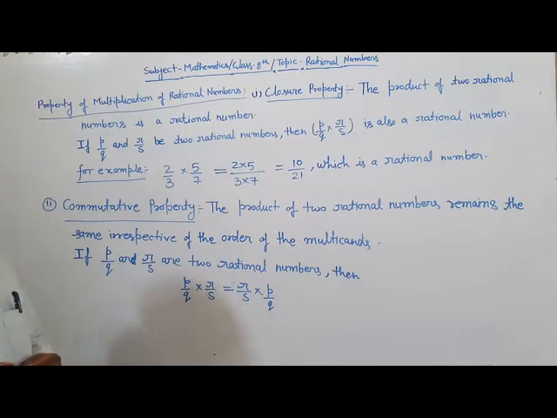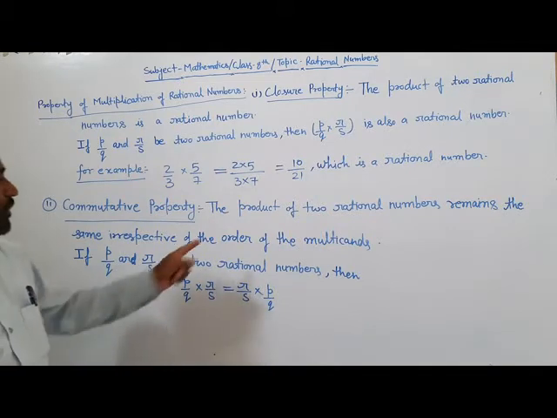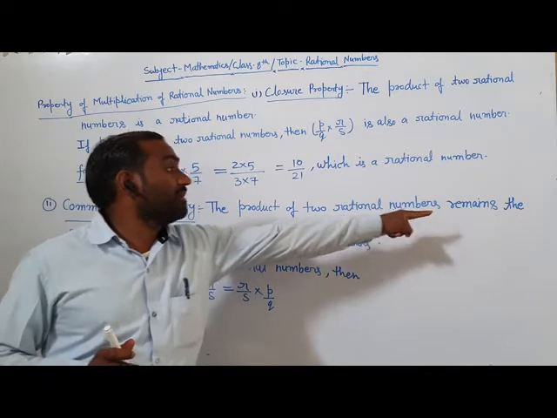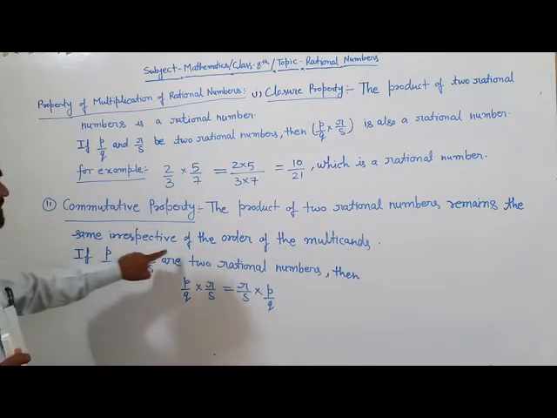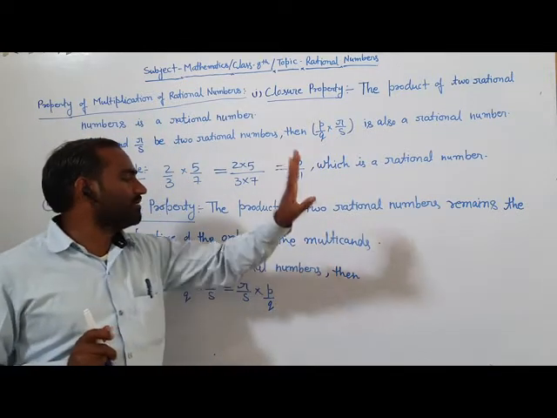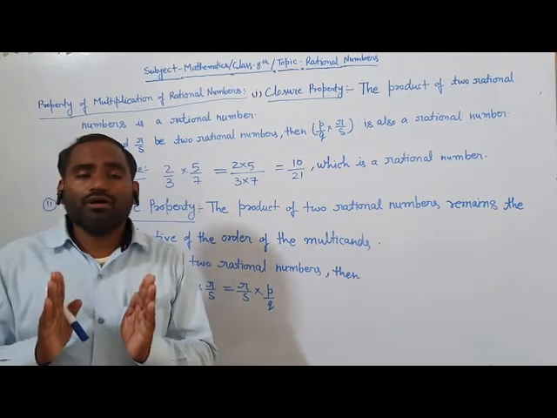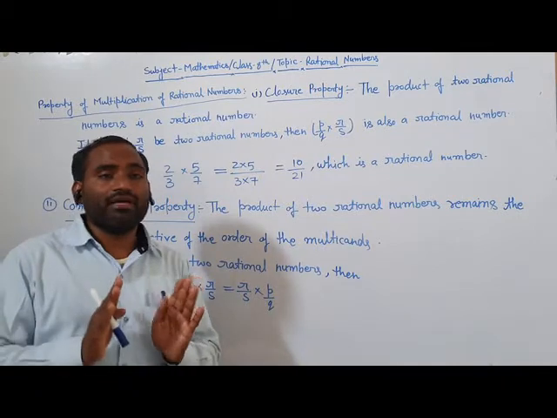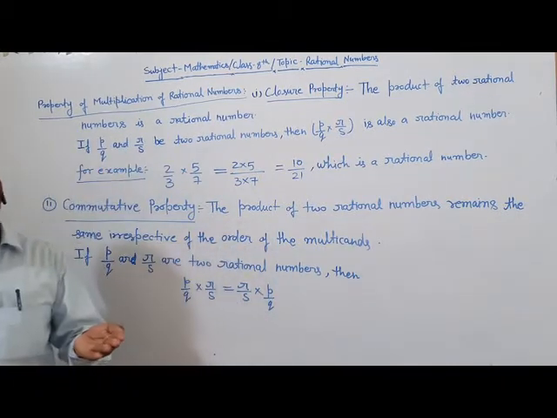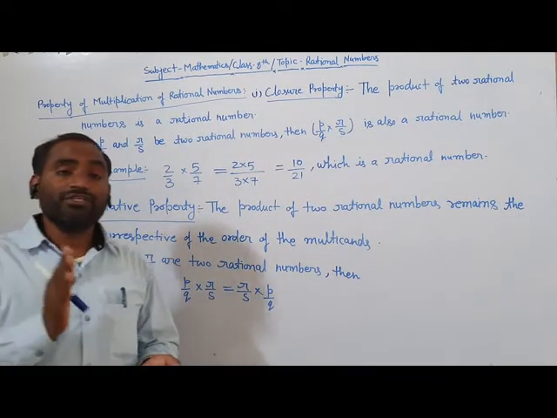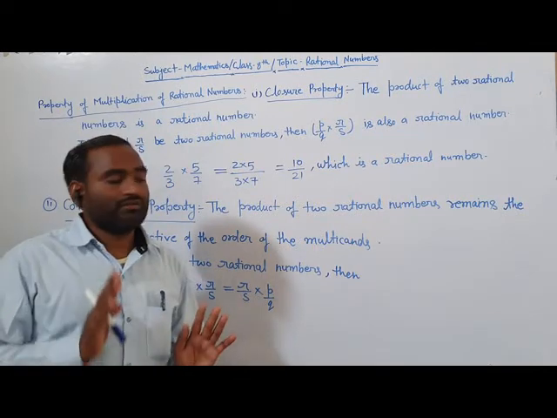In the commutative property, the product of two rational numbers remains the same irrespective of the order of the multiplication.